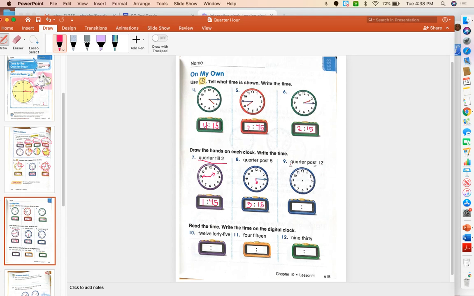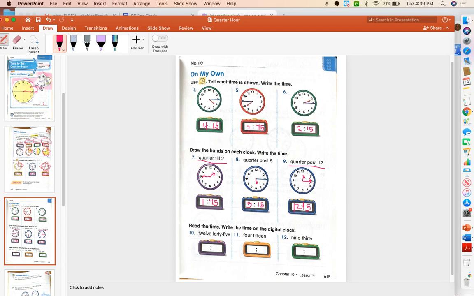All right, let's take quarter past 12. Quarter past 12. We said quarter past is to the 15. So we're going to put our minute hand to 15. And quarter past, it has to be just a little bit past the 12. So 12:15 is our answer.